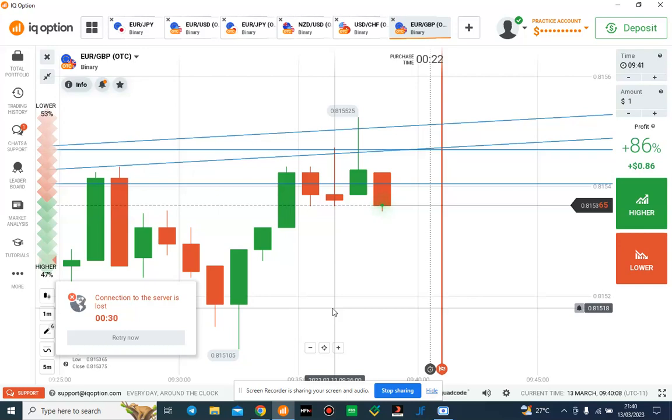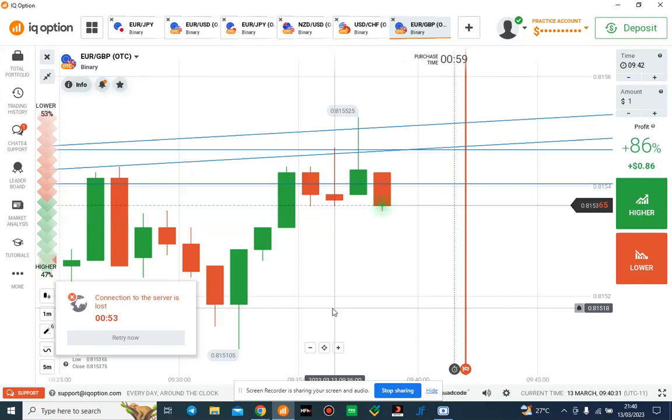After you analyze the market structure, the next thing you do is make use of your analytic tools like your trend lines, horizontal lines, Fibonacci retracement zone, something like that. After you have done that, the next thing you do is wait for a price rejection.